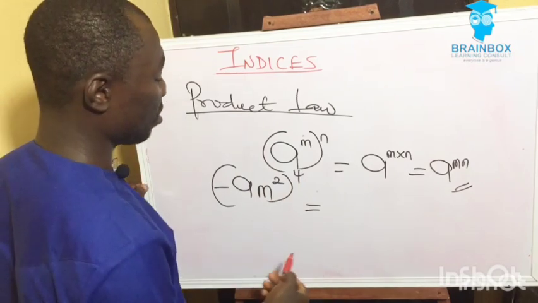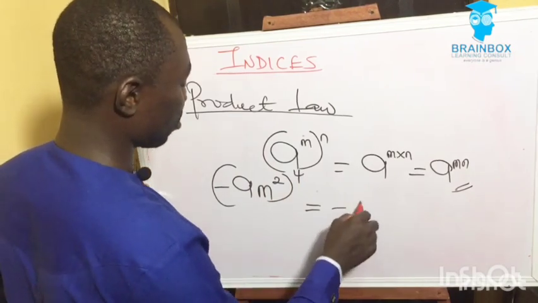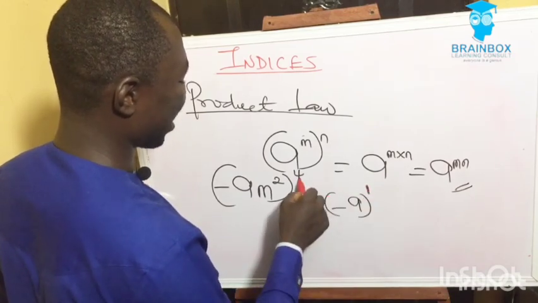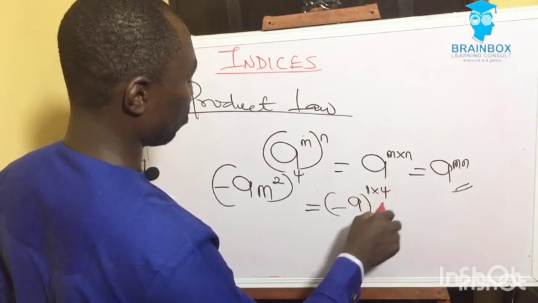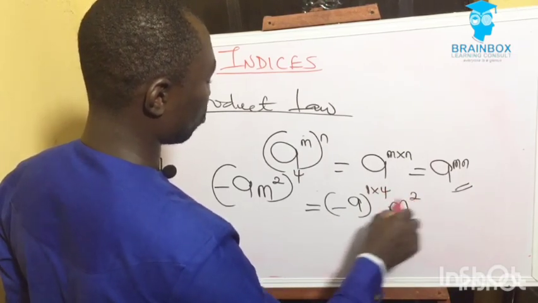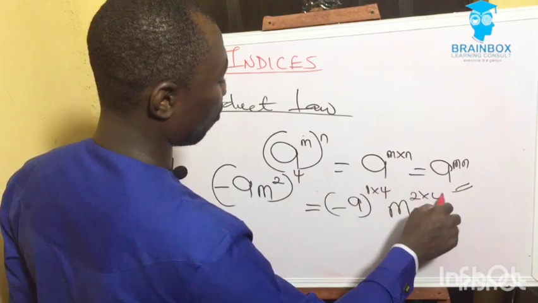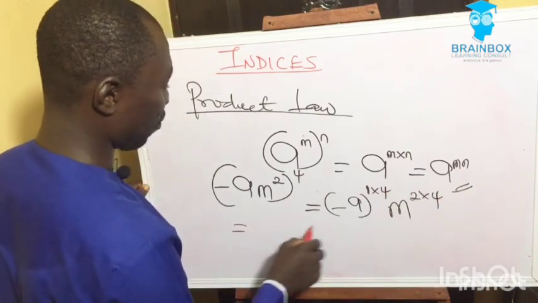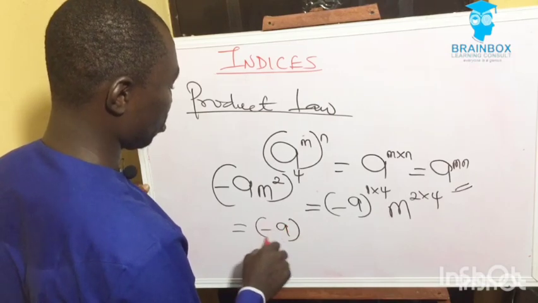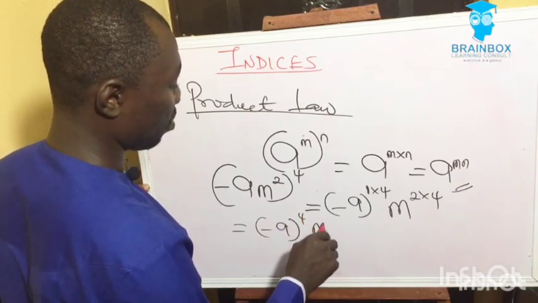So you can break them down. This is minus a raised to the power of 1 times 4, then this is m raised to the power of 2 times 4. So what we're having here is minus a raised to the power of 4, m raised to the power of 8.